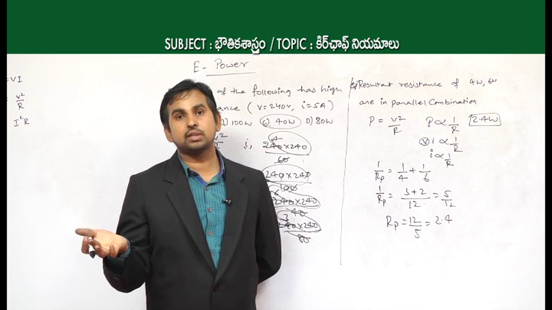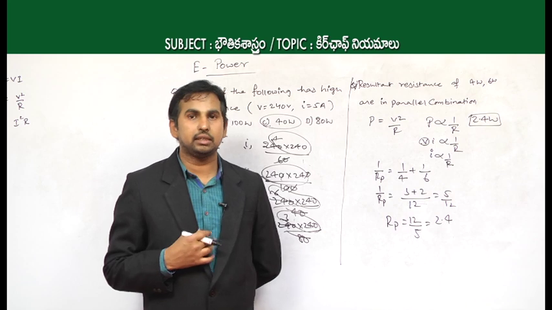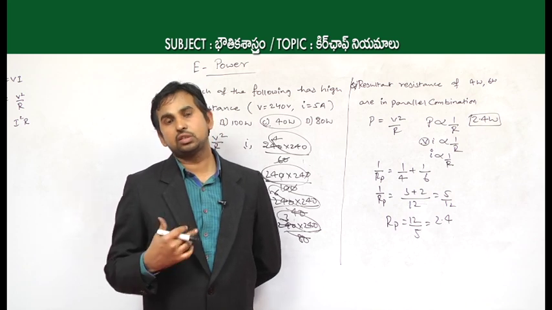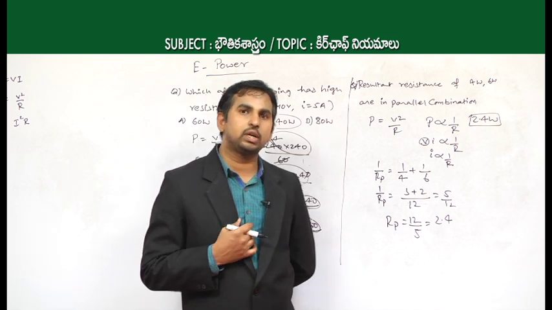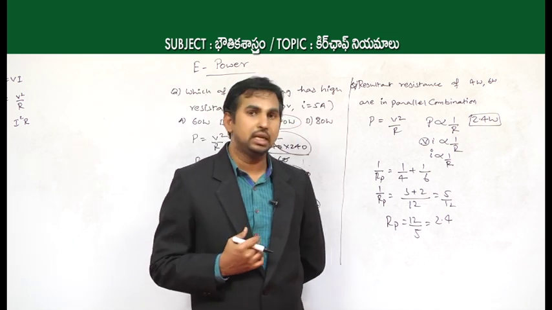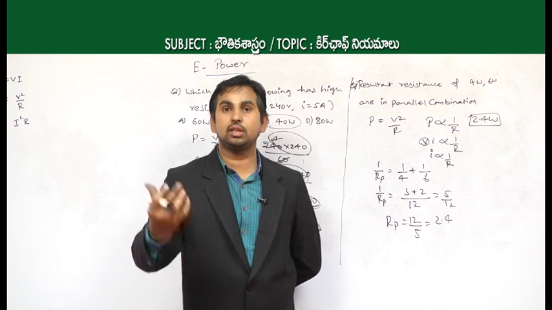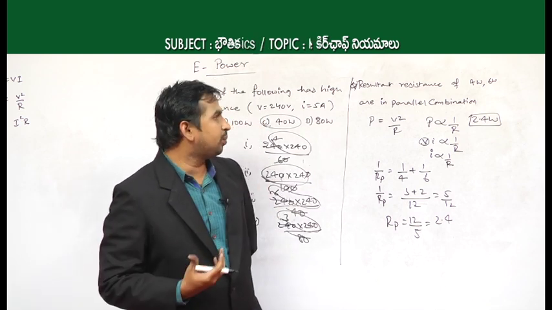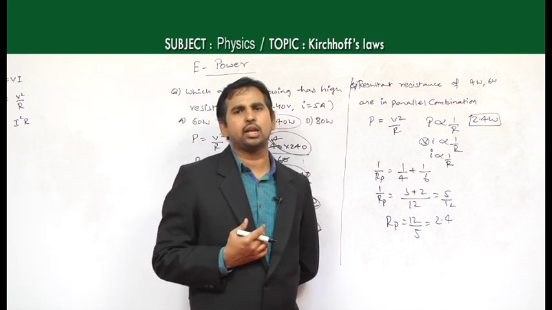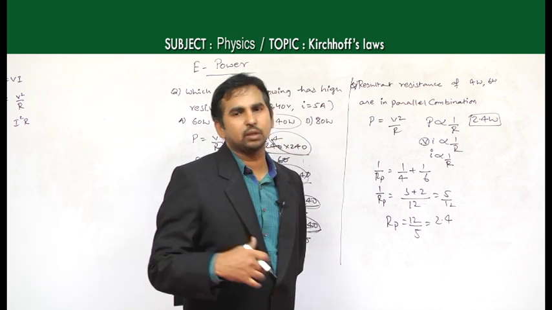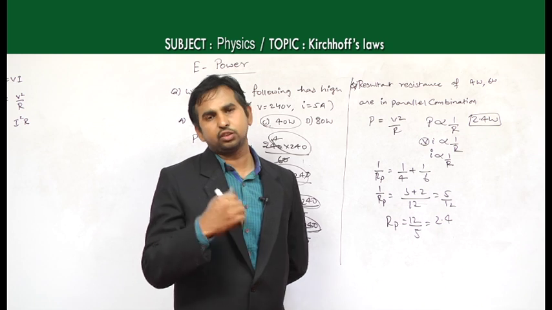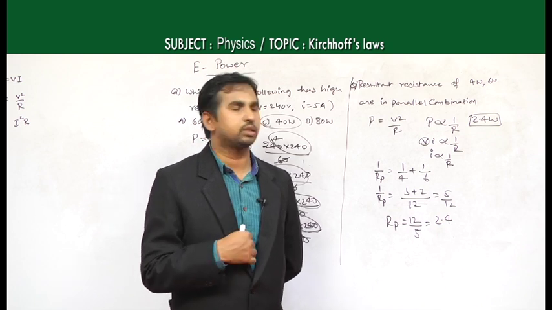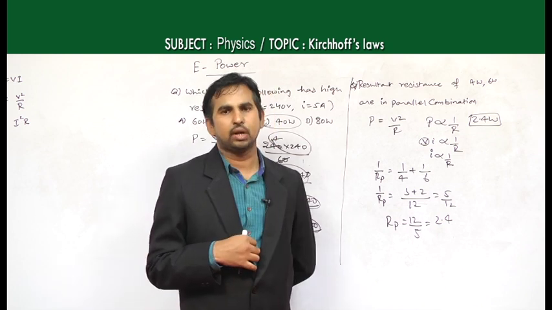As the resistance is added, the resistance is increasing, so the power also increases. Finally, it becomes 4 watts plus 6 watts, total 10 watts, if you are using a series connection. But in our problem, the combination is a parallel combination. So, that is why, as P is inversely proportional to the resistance here, as it is decreasing, the power also decreases to 2.4 watts.